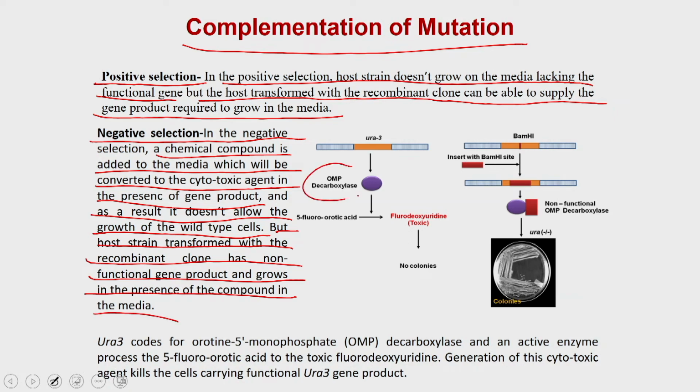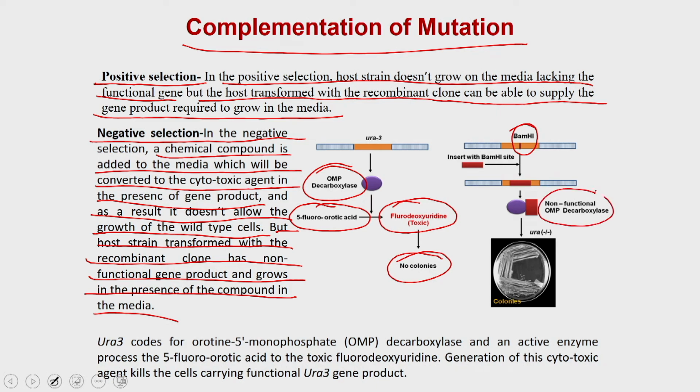A classical example is OMP decarboxylase, which processes 5-fluoroorotic acid to 5-fluorodeoxyuridine, and 5-fluorodeoxyuridine is a toxic compound. So it is going to kill the yeast cells, and that is how they do not form any colonies. But if you do a cloning within that gene, it is going to produce a non-functional OMP decarboxylase, and that is how it is not going to catalyze this reaction, and it is going to give you the colonies.